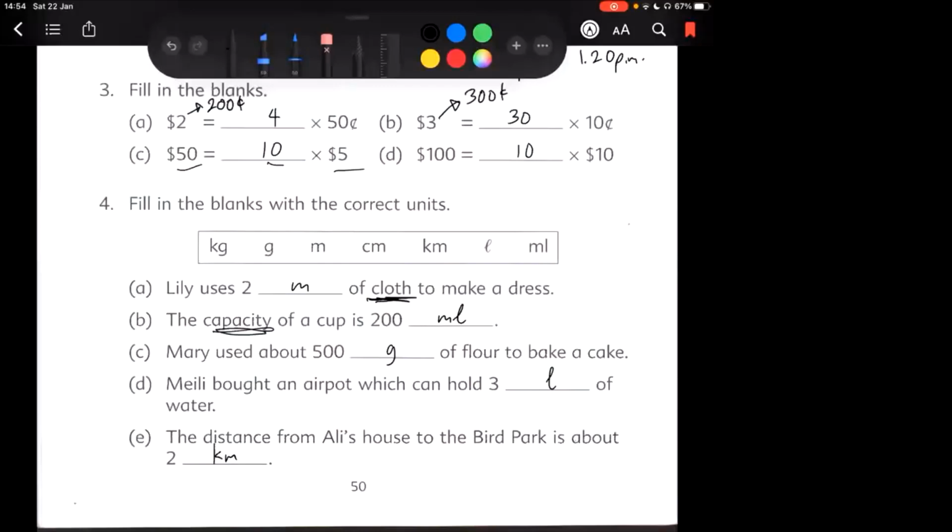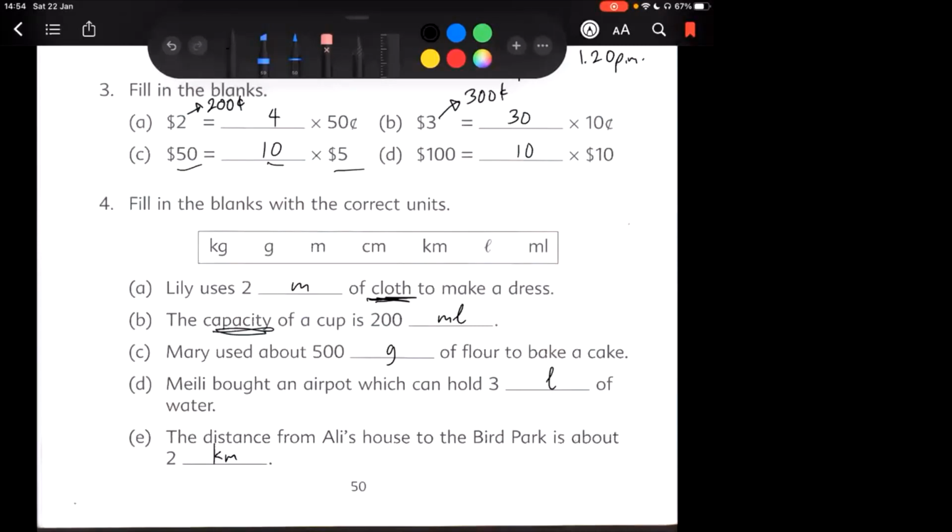Bought an air pot. I actually don't know what an air pot is, but 3 liters of water, because that's the capacity of water. We measure water in volume, but in this textbook you learned about capacity rather than volume. But there are other units for volume, like I think I mentioned before, cubic centimeters or cubic meters and stuff like that.